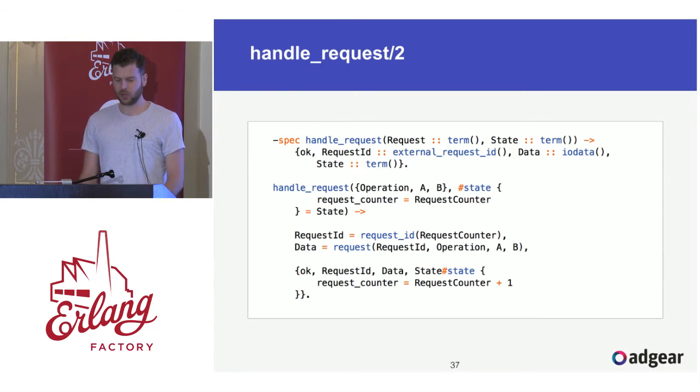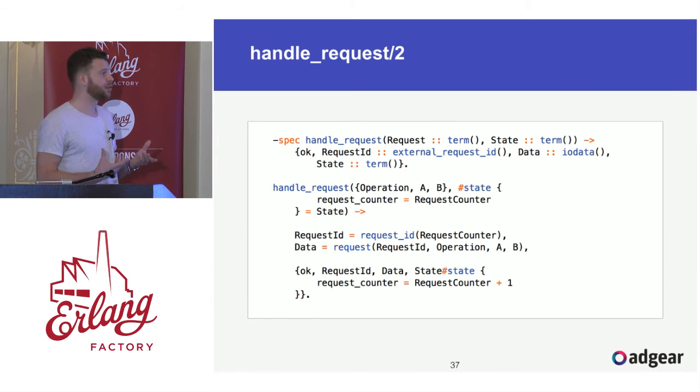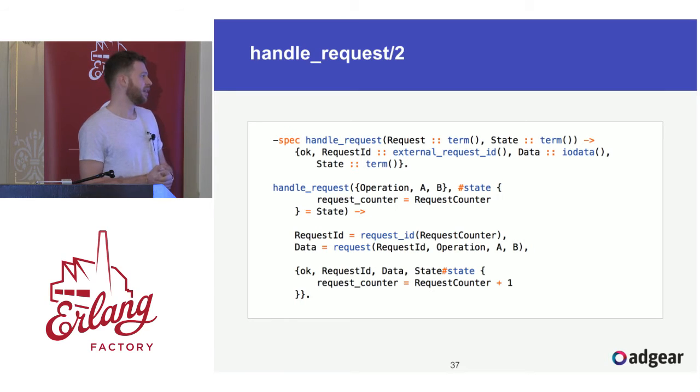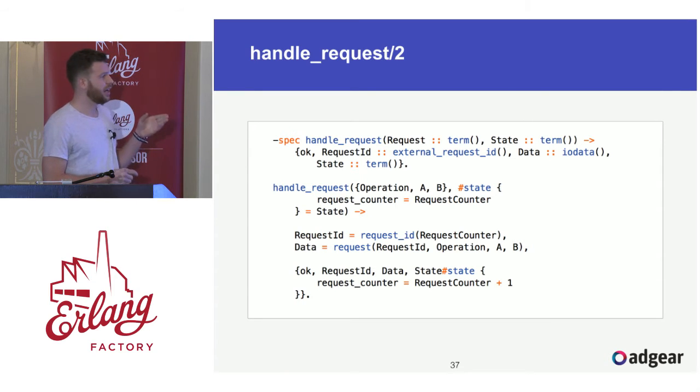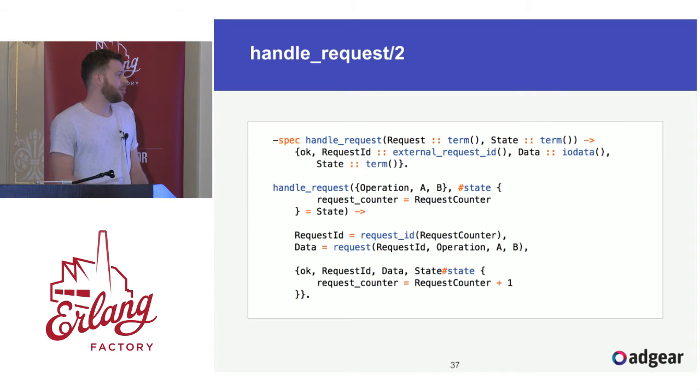Handle request receives the actual Erlang term for the request and the state. In this case, it's a tuple of the operation and the 2 operands. We pattern match out the request counter because we need it to generate a request ID.